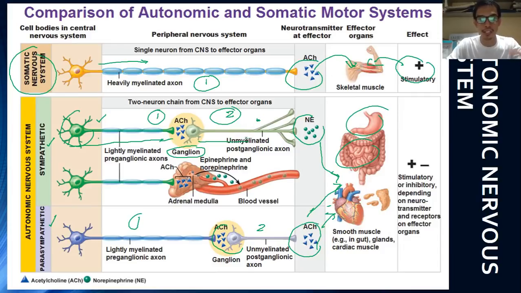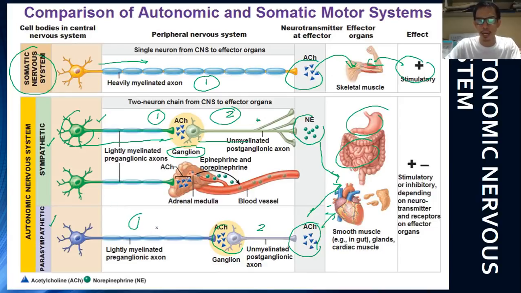That's one difference, that's a signature pattern that you will see in the sympathetic division.